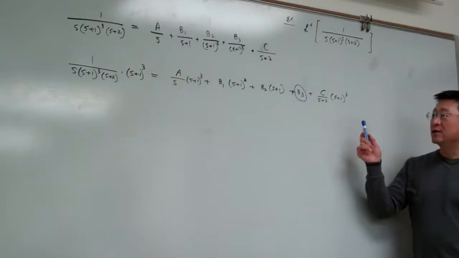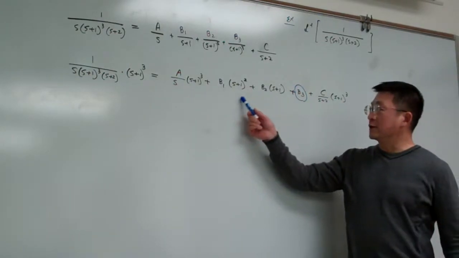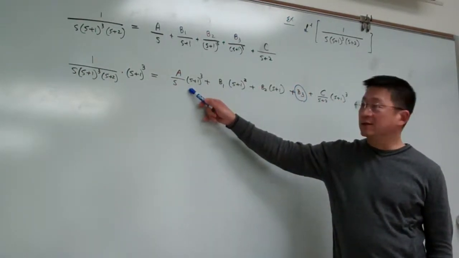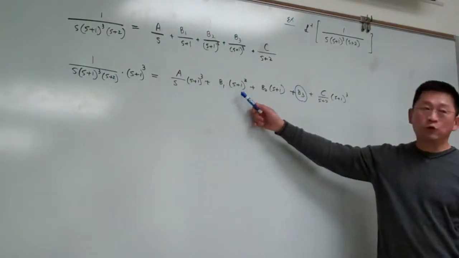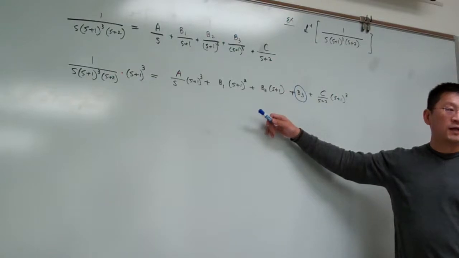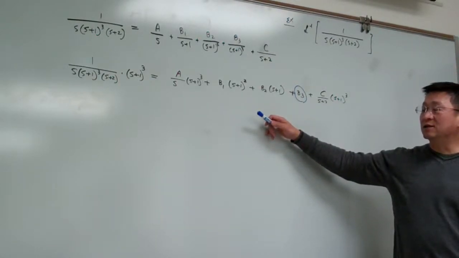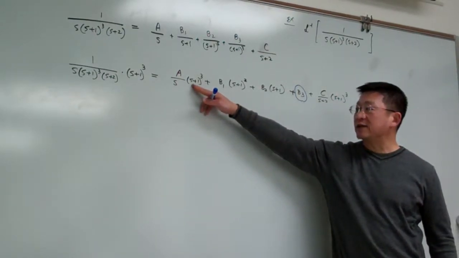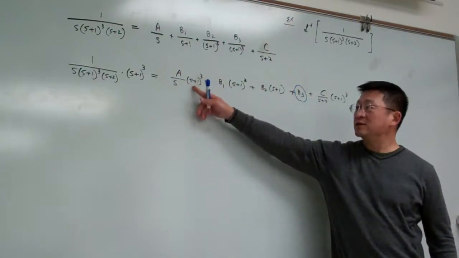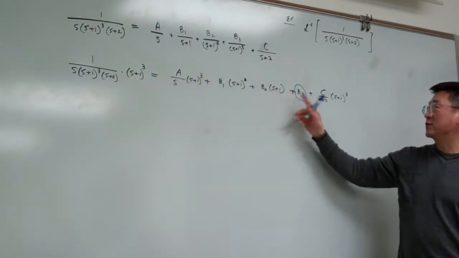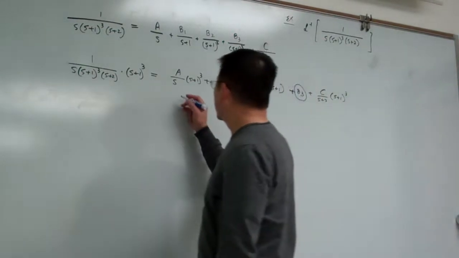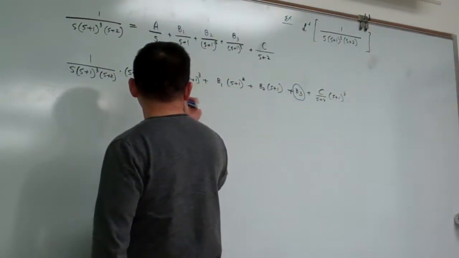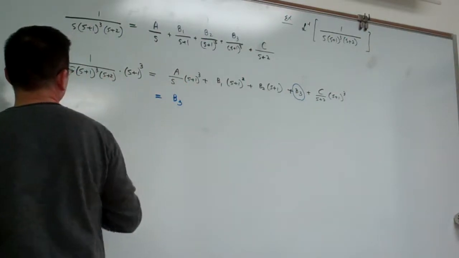You can see every other term on the right-hand side contains the term s plus 1 or its power. So that makes the selection very easy. We simply set s equal to -1. This term becomes 0, becomes 0, becomes 0, becomes 0. So B3 stands out. In this way, B3 will be equal to simply this term here.